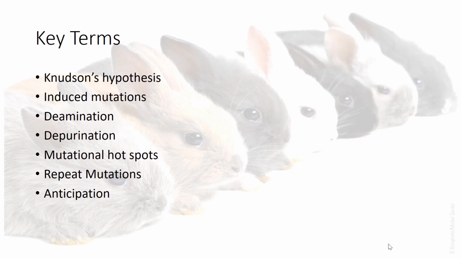And so remember, every generation, the number of repeats can actually increase, again, due to this uneven crossing over. And so the genetic mutation, if it's caused by malformations in the protein because of the number of repeats, you end up creating too many of a particular amino acid.